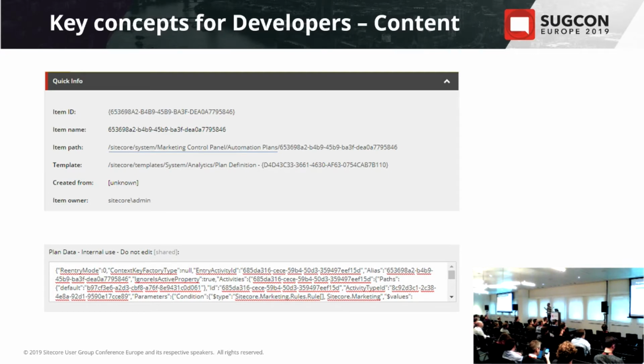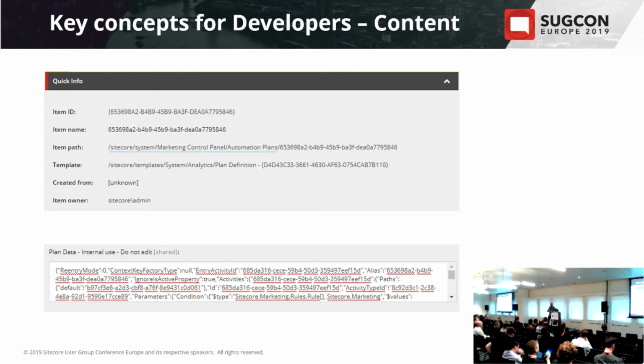Now, chances are you probably won't need to do a huge amount to actually work with that or change it, but for debugging and just for validating everything is where it should be, it can be quite a good tool to have. So the folder it lives in is Sitecore, System, Marketing Control Panel, Automation, Plans, and then you just dig into there and see what's going on. If you wanted to do a bulk upload across several plans, then that might be a way you could do it.